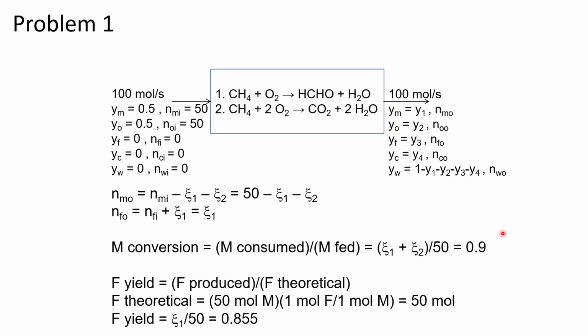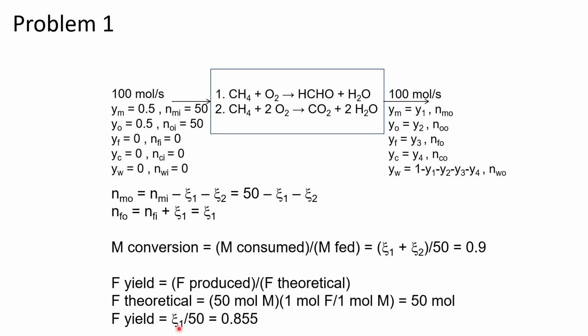Unfortunately, we can't solve this for Xi1 or Xi2 yet. But let's look at the other specification, the yield. The formaldehyde yield, we're going to set equal to 0.855. That's the formaldehyde produced divided by the theoretical amount. We already determined that the theoretical amount of formaldehyde that could be produced from complete conversion of the methane would be 50 moles.